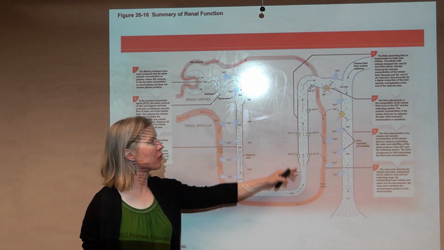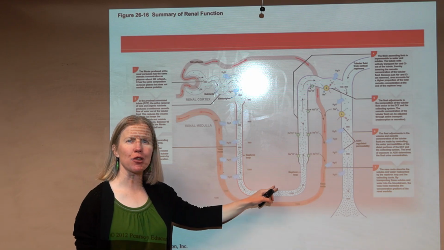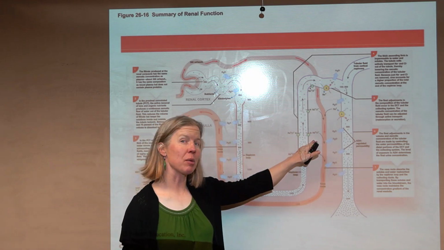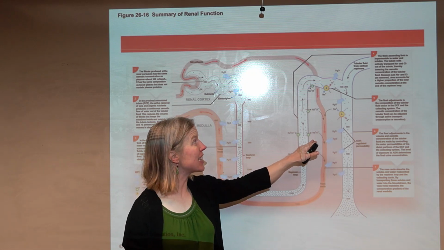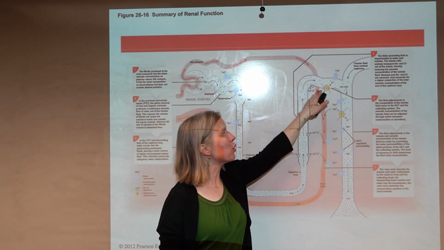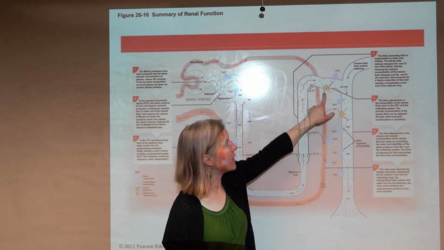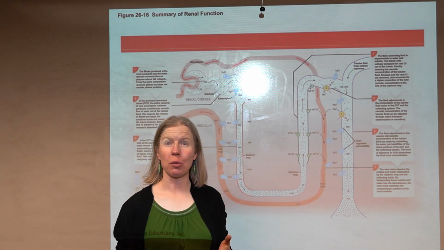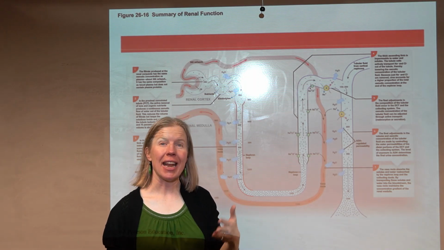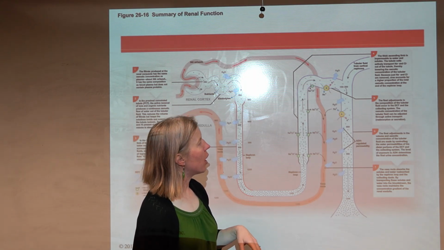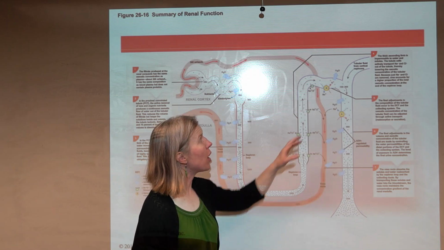We see the nephron loop setting up this concentration gradient. Water's reabsorbed on the descending side, sodium and chloride reabsorbed on the ascending side. In the distal convoluted tubule and the collecting duct, they're showing the role of hormones like aldosterone and ADH in regulating that reabsorption, so remembering those is important as well.